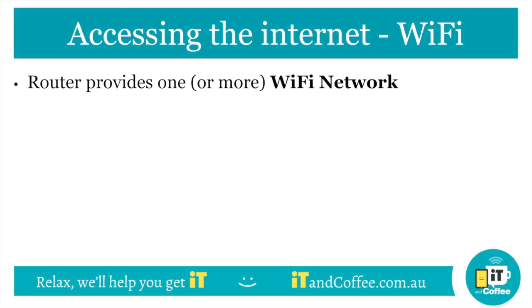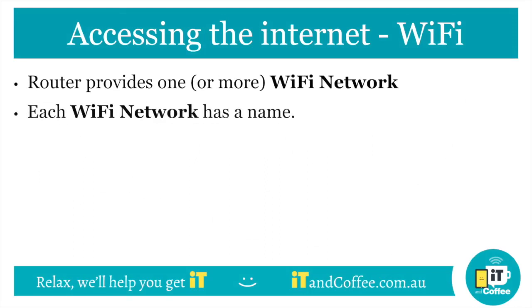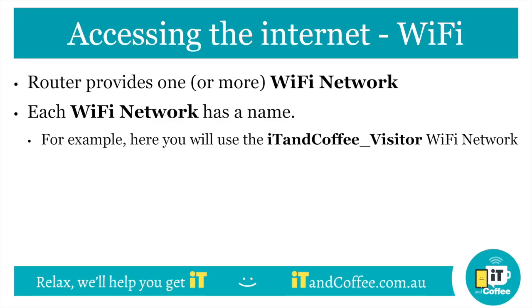A router can provide one or more Wi-Fi networks, and there are usually standard naming conventions for these networks. Often you'll find there are two. One has a _5G suffix and the other one is excluding that suffix. We won't go into that now, but you may find that your own router does provide a couple of networks like this.